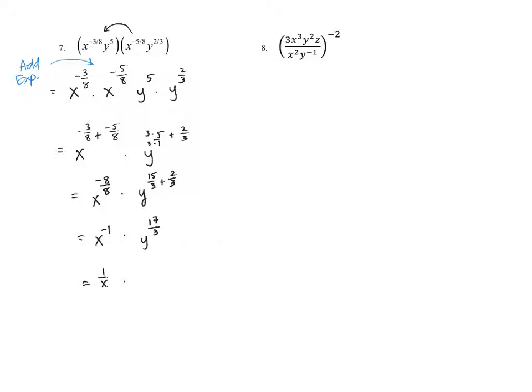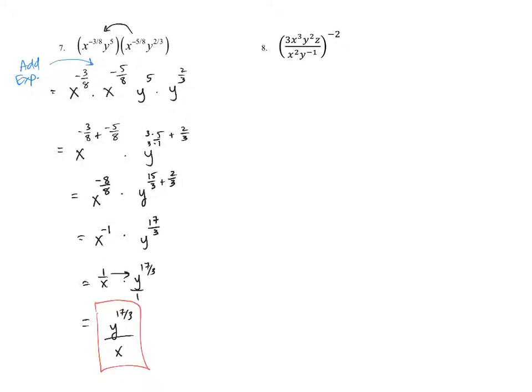And those stay thirds. We just combine numerators, keep that same denominator there of 3. Okay, and so now just multiplying that, you would go multiply straight across, so I would have y to the 17/3, and in the denominator I have x, or x to the 1. And that's done. Positive exponents are in my final answer.